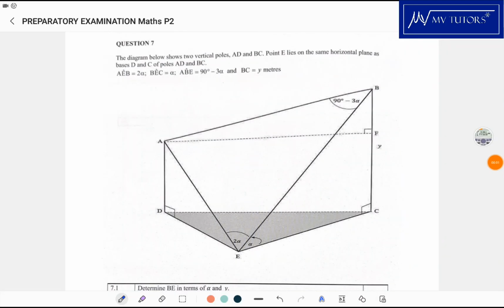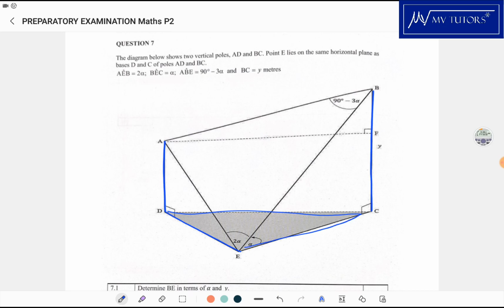Question 7. The diagram below shows 2 vertical poles, AD and BC. Point E lies on the same horizontal plane as bases D and C of poles AD and BC. So this is at the bottom.